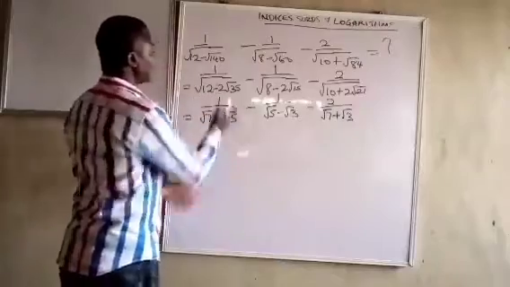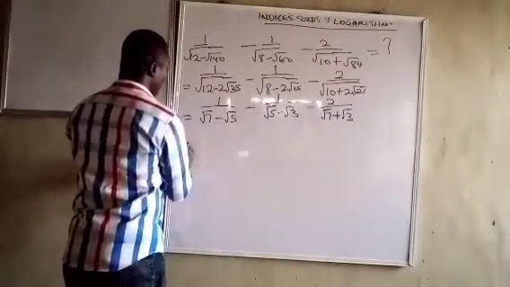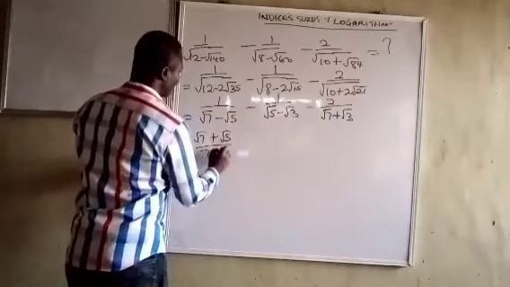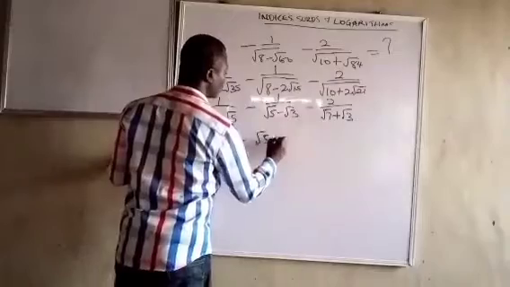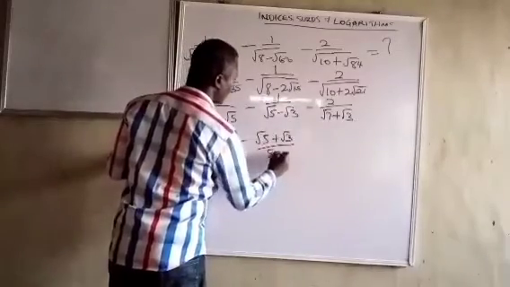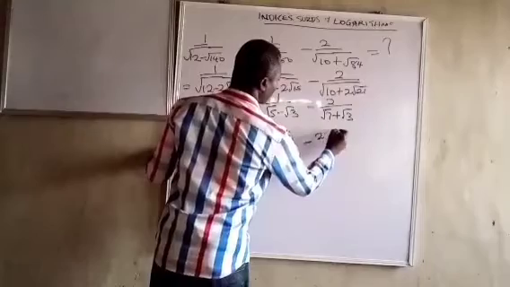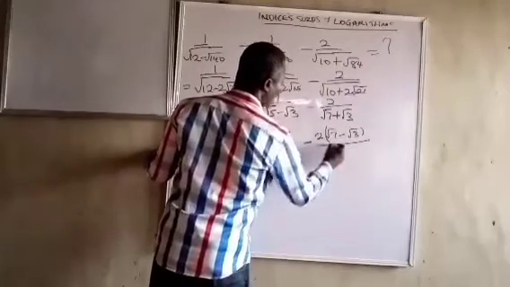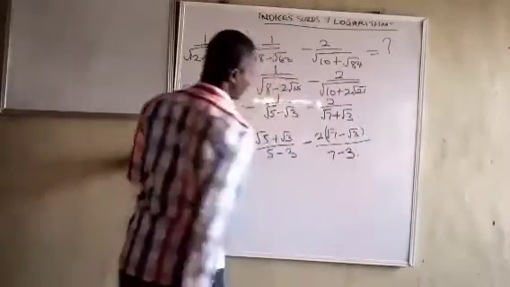So let us multiply the denominator and the numerator by their corresponding conjugates. Which gives root 7 plus root 5 over 7 minus 5, minus root 5 plus root 3 over 5 minus 3, minus 2 root 7 minus root 3 over 7 minus 3.